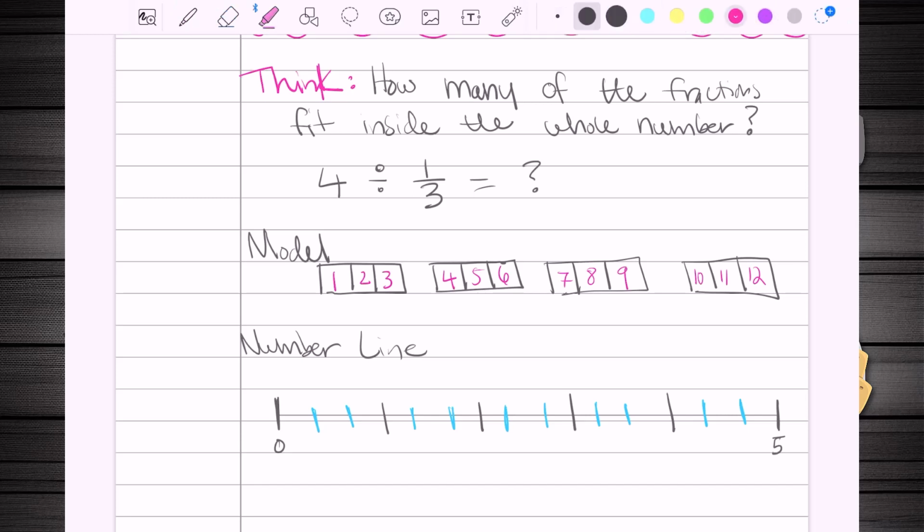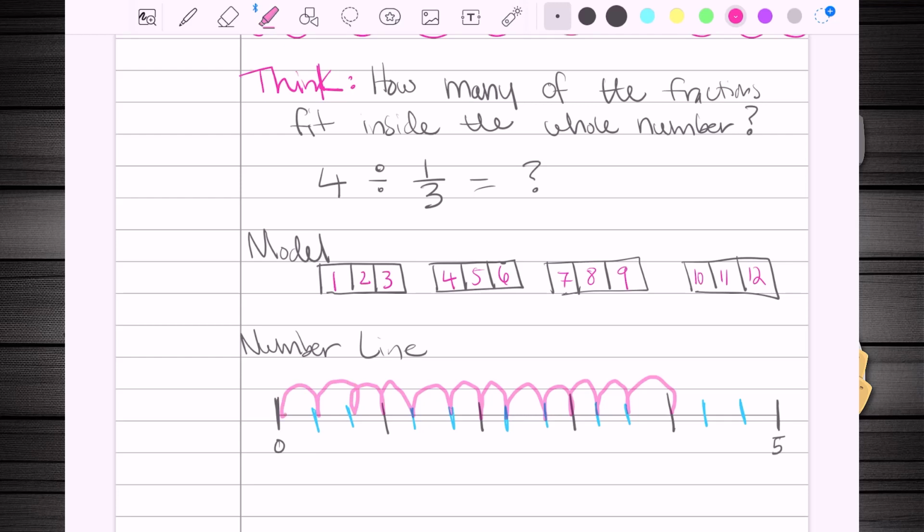We'll start at 4, and we're going to see how many times it takes me when I'm traveling by thirds to get to 0. That's a bit thick. Let's shrink that down a little bit. Okay, we're starting at 4. 1, 2, 3, 4, 5, 6, 7, 8, 9, 10, 11, 12.